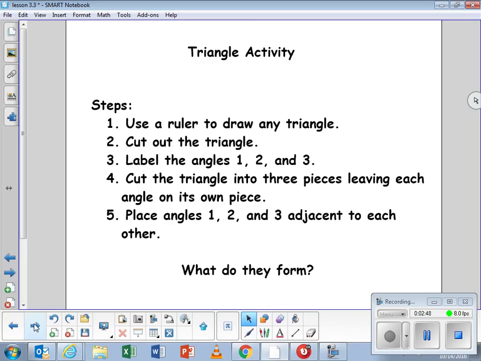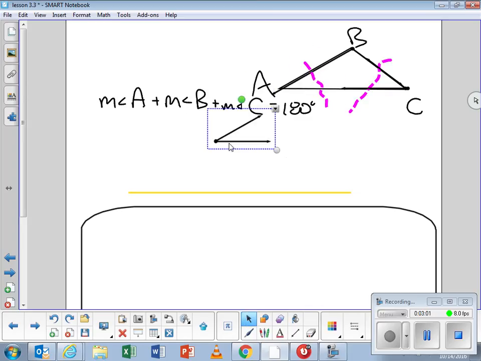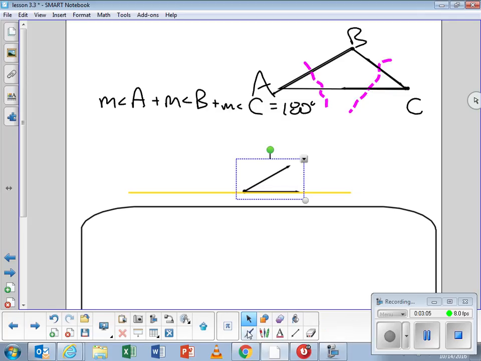Try in your group, try to follow these directions. So we're recording again here. So I've got my angles. I've got my angle 1. My angle 2.